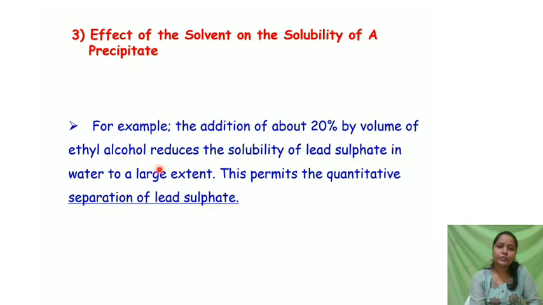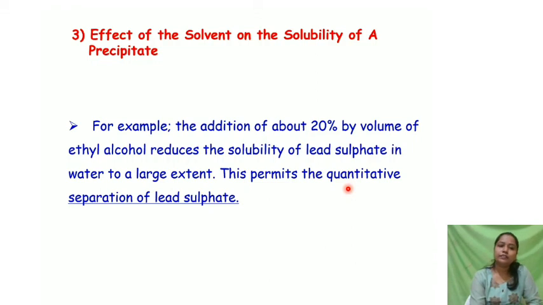Why? To reduce the solubility of lead sulfate. So, in order to get the precipitate, generally organic solvents are used, and this permits the quantitative separation of lead sulfate.